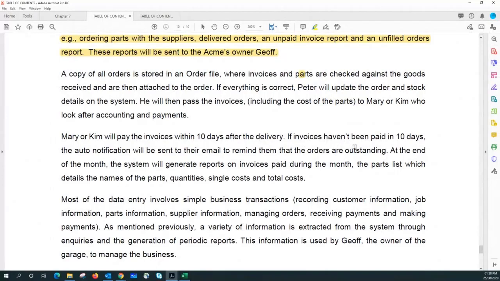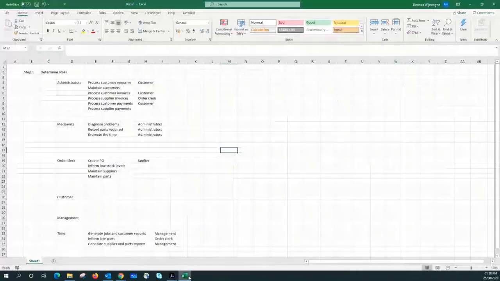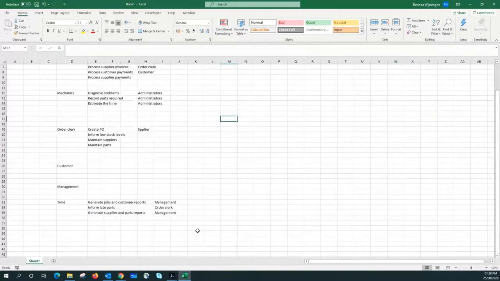If invoices haven't been paid within 10 days, an auto notification will be sent to their email to remind them that the orders are outstanding. Or maybe we can have another use case, a time-based use case.